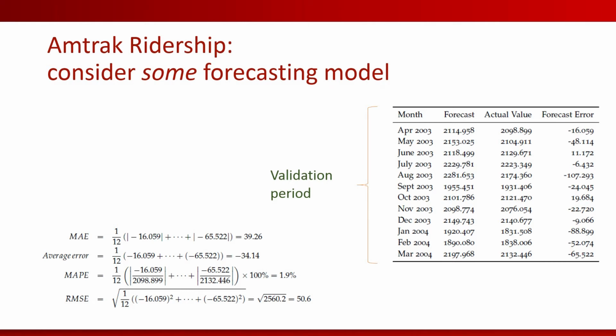Or I can compute the mean absolute error by taking absolute values of these figures and then taking an average. If I want an MSE, I will square each one of these values and then take an average. And similarly for MAPE, I will take each one of these forecast errors and divide them by the actual value, then take an absolute value and take an average. So a very simple example, these types of calculations can easily be done in spreadsheets or in any other software where you're writing the functions.